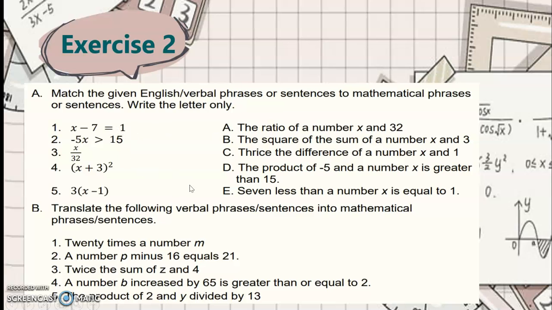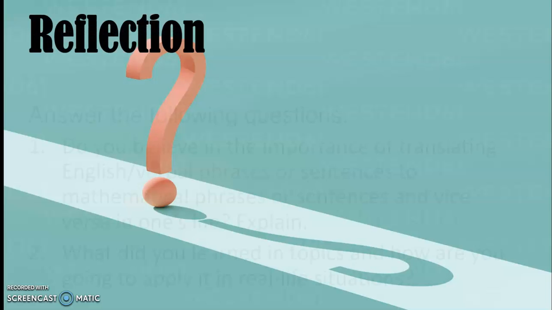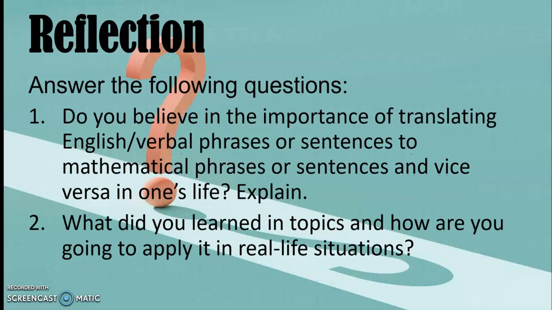So, i-match ninyo lang. So, letter na ang isulat. Diri sa letter B, translate the following verbal phrase. Okay, so answer only man siya gihapon. Okay, so mathematical phrase na diri, letter lang. Okay, so no need to answer ang questions and also reflection.